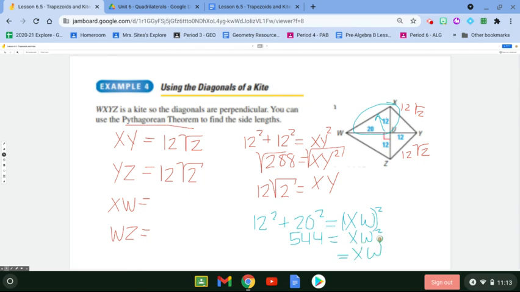I'm going to give my answer as a simplified root, so 4 times the square root of 34 would be my most simplified precise answer. So 4 times the square root of 34. And I'm going to write that in up here so I can see my lengths.